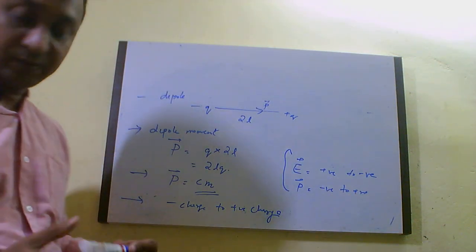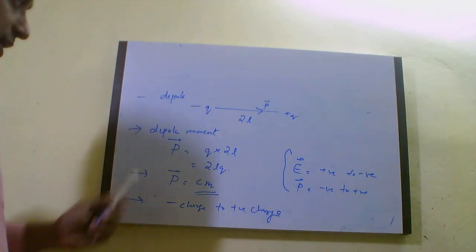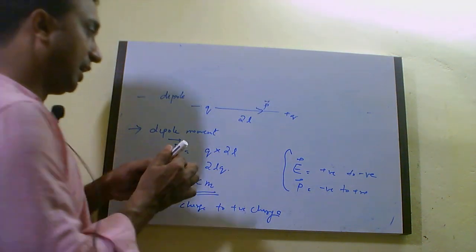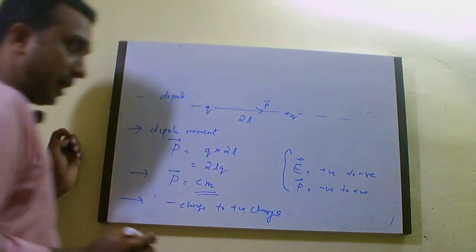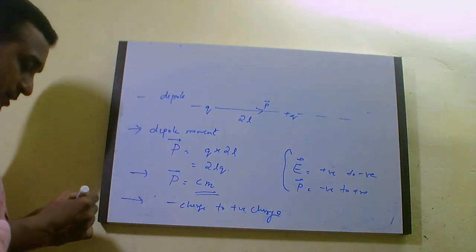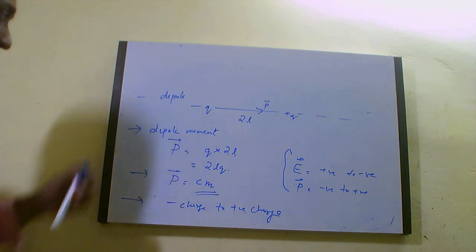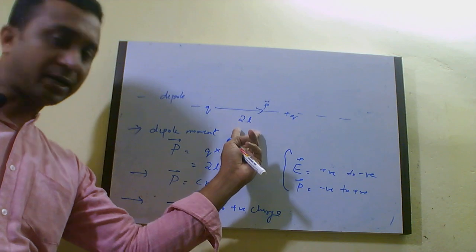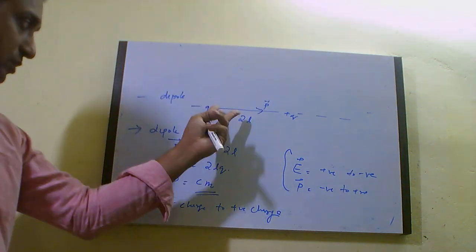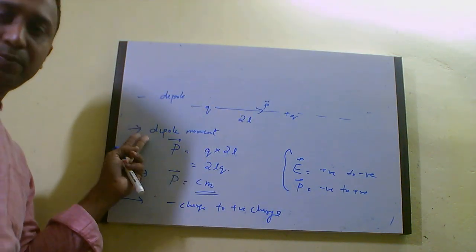Now, what will be the electric field intensity at a point axially of this dipole? Now let me redraw the figure. Hope you understood what a dipole is. Dipole is two equal and opposite charges separated by a small distance. The strength of the dipole is given by the term called the dipole moment.